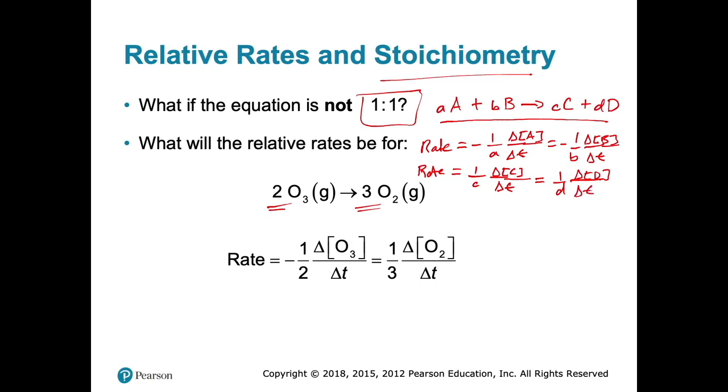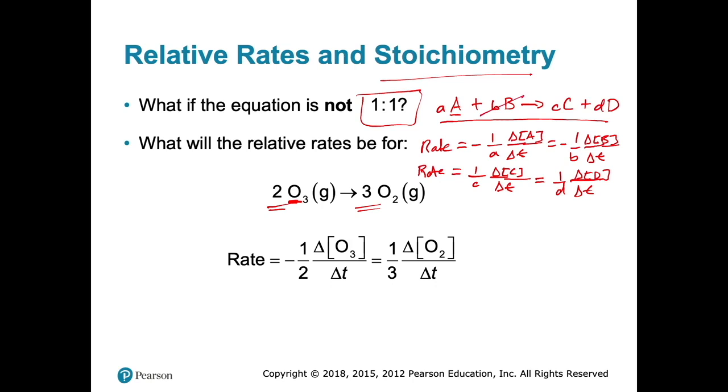So as you can see here, here's our big A, right? And what represents big A in this equation is the O3, or the ozone. And in this particular equation, we only have one reactant, so we don't even have to worry about the B term, okay?